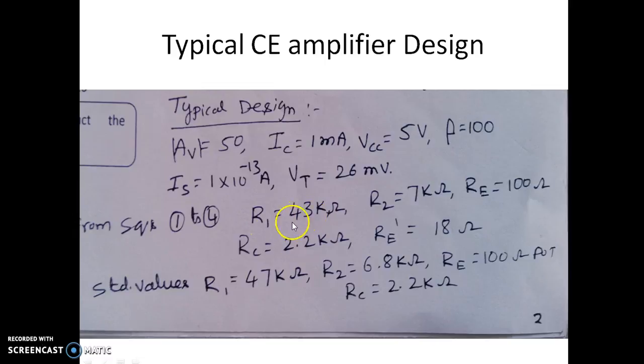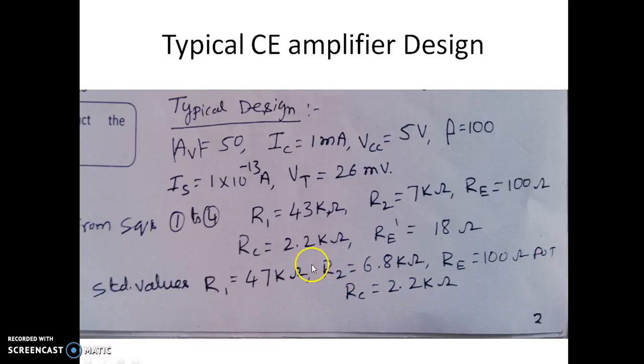These are not standard values, so we go for the nearest possible standard values, which are listed here: R1 as 47k, R2 as 6.8k, RE as 100 ohm, and RC equal to 2.2k.